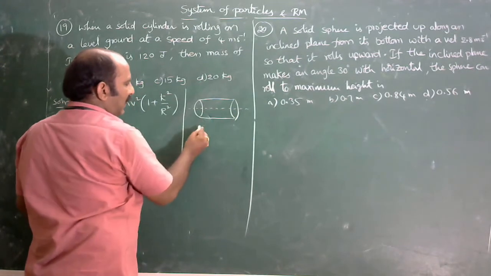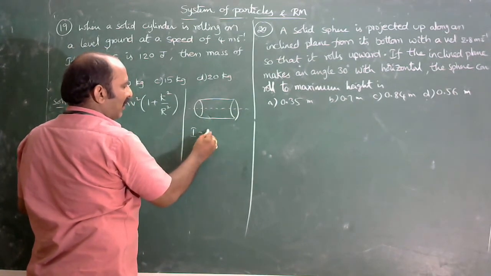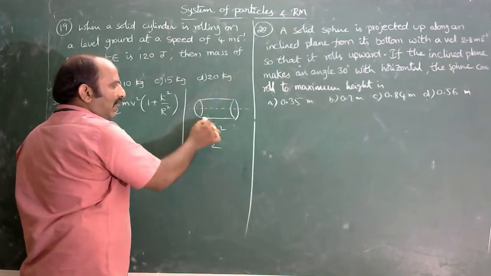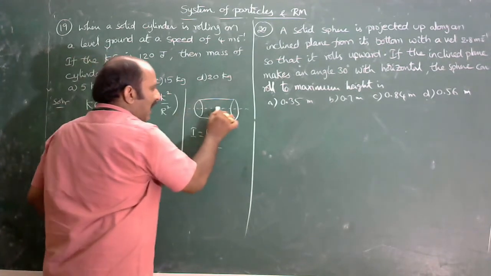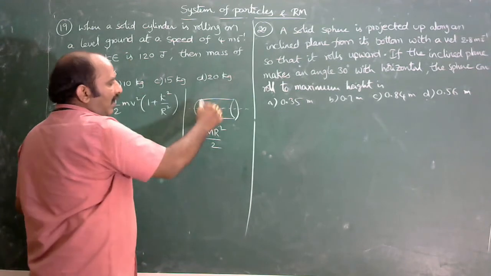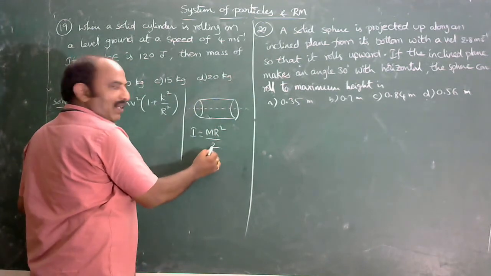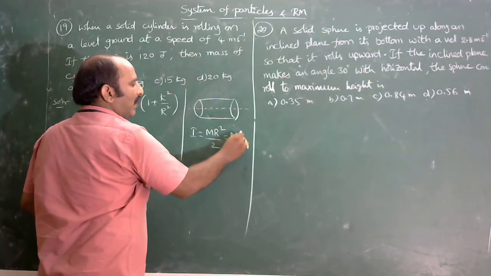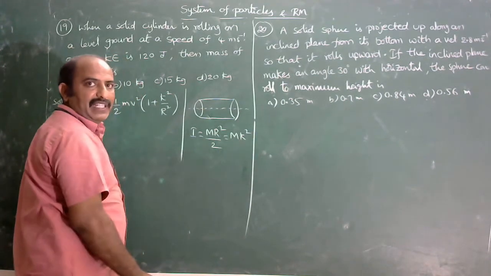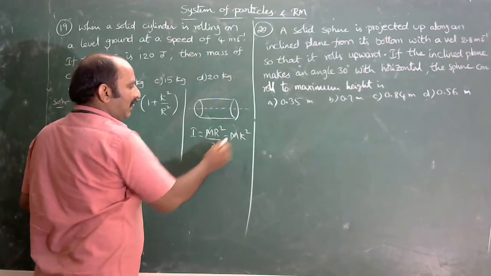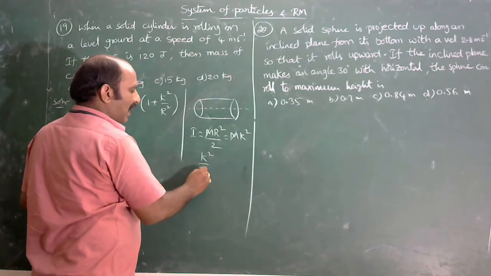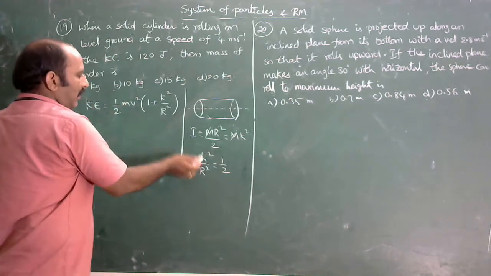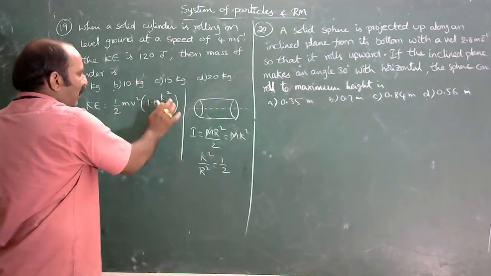About this axis, its moment of inertia I is equal to mr square by 2. Generally, I is mk square, where k is the radius of gyration. From this, k square by r square is equal to 1 by 2.